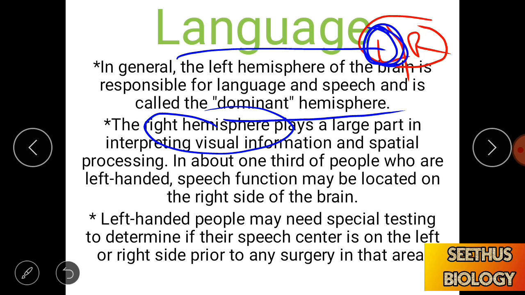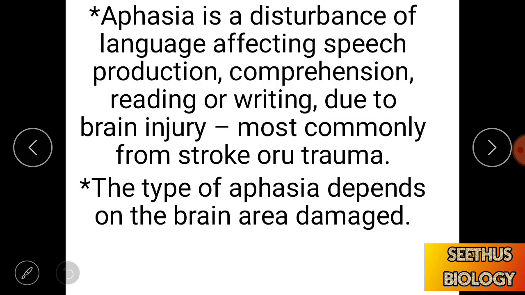Our right-side functions are controlled by the left brain, but in left-handed people the functions are located on the right side, so the speech may be present on the right side. That's why they function like that.